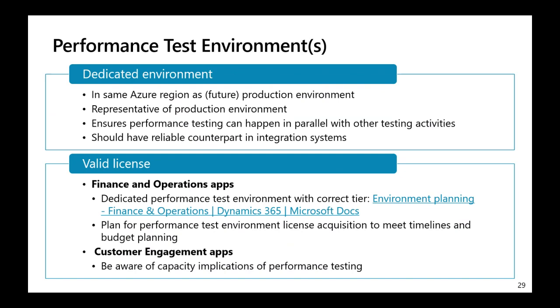Performance test environments. Choose a performance test environment that is representative of the production environment whenever possible, and make sure that it is in the same region as your future production environment. Keep in mind that if performance issues arise within a scaled down test environment, it is incorrect to assume that performance will improve in an environment with more resources.